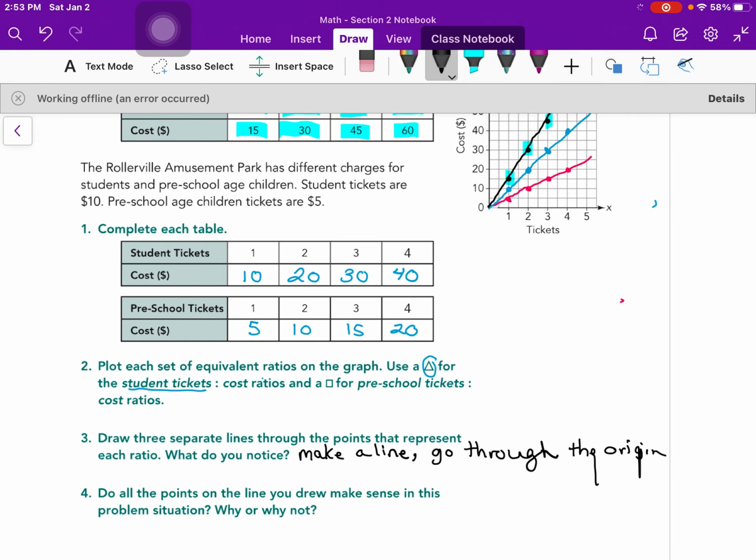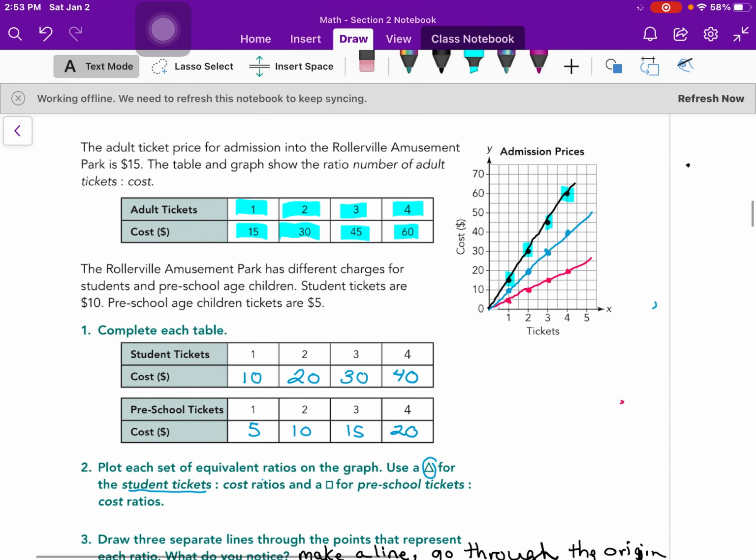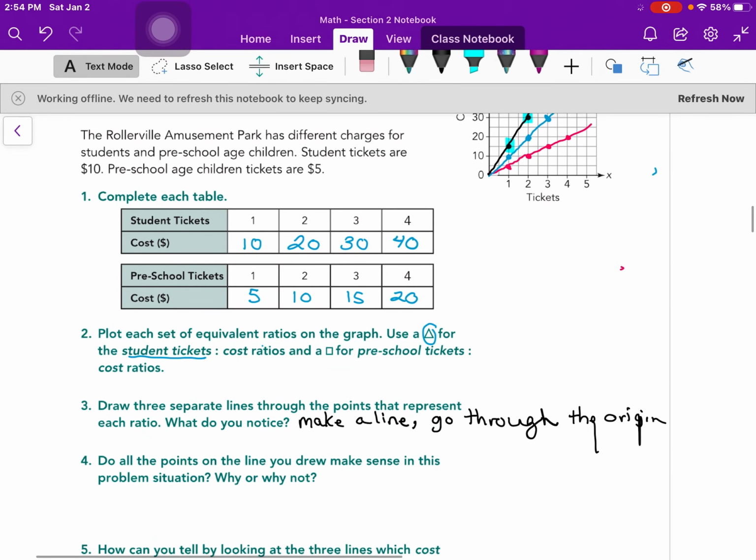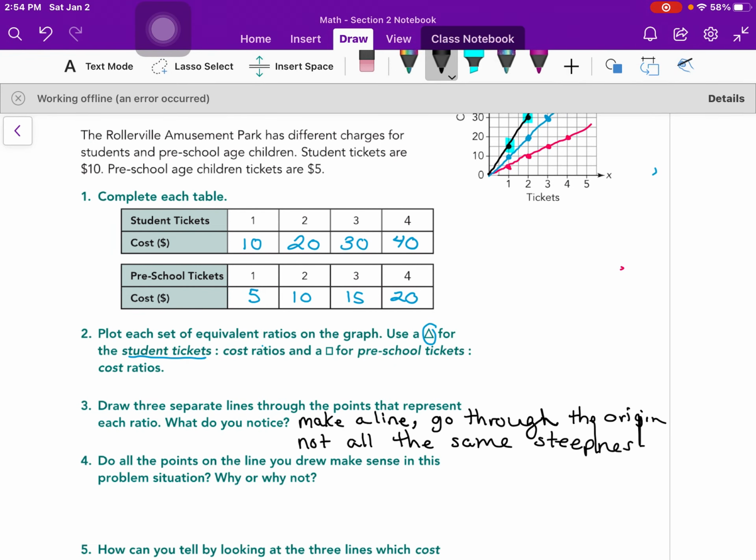Goodness sakes. I also notice they're not all the same steepness. Okay, I'm going to write that down. Not all the same steepness.